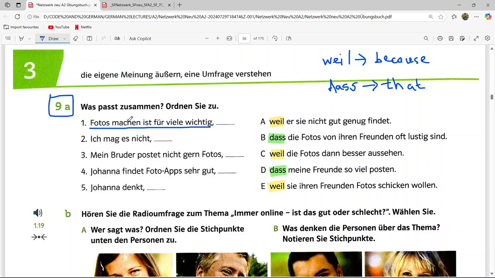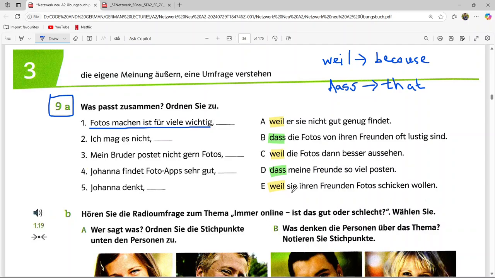Okay, so taking photos is important for many people because... this is talking about many people. So this sentence cannot be used. Die Fotos dann besser aussehen, the photos then look good. No, this one also cannot be used because it is not talking about many people.